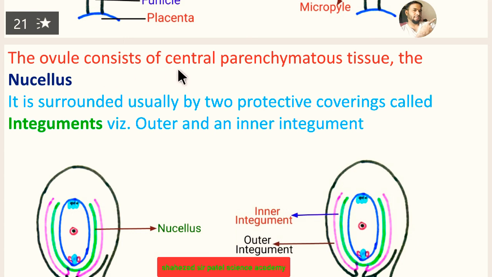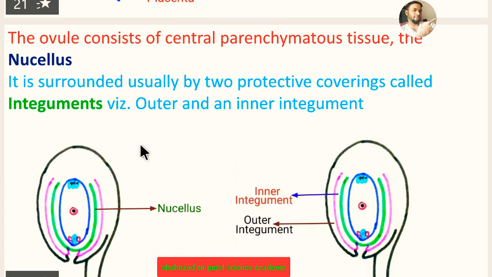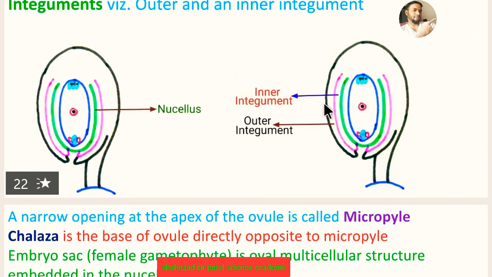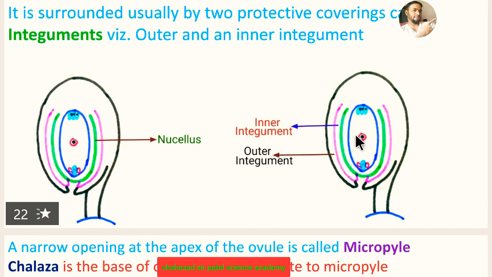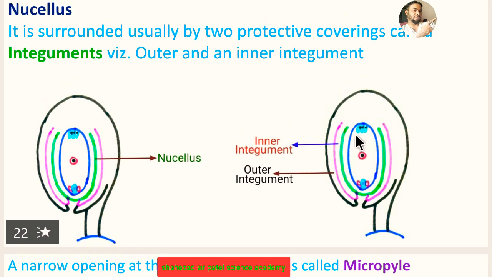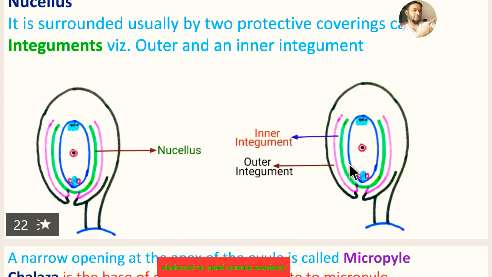The ovule consists of central parenchymatous tissue, the nucellus, and it is usually surrounded by two protective coverings called integuments, outer and inner integument. As I told you, the integument is the protective layer of this nucellus, which is the parenchymatous tissue, and it consists of 8 cells inside its embryo sac.